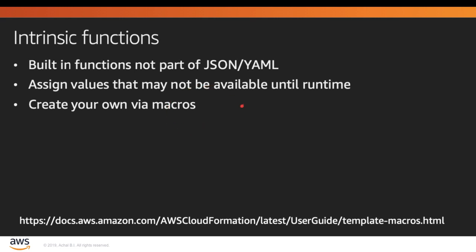These functions are not available until runtime. During runtime, the values or the functions are evaluated, and you can create your own intrinsic function using macros. Here is a link, a user guide for creating your macros.